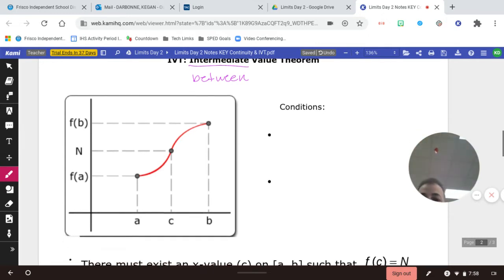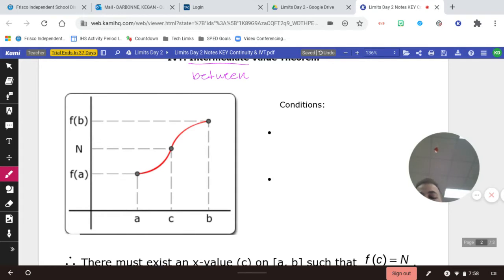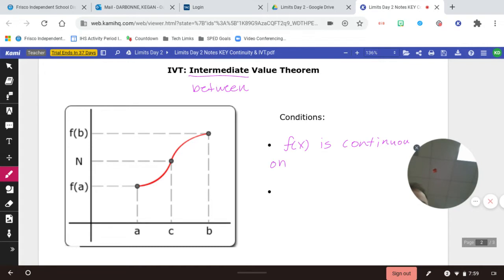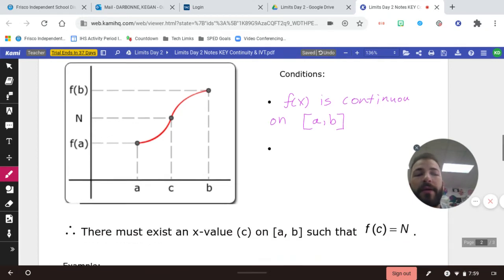Okay. But the intermediate value theorem says that if f of x is continuous on the closed interval a to b, and what that means by closed interval is that I'm including a and b. So here at a and b, those points exist, okay?